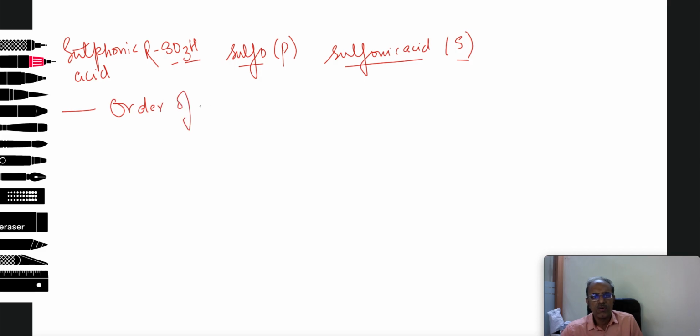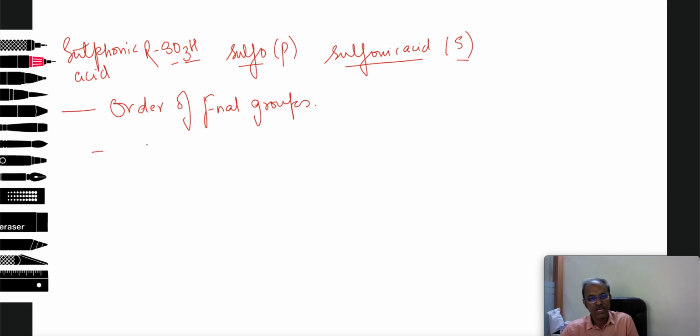Order of functional groups. Functional groups are either very strong or weak. Strong functional groups means those functional groups which are highly electron withdrawing.